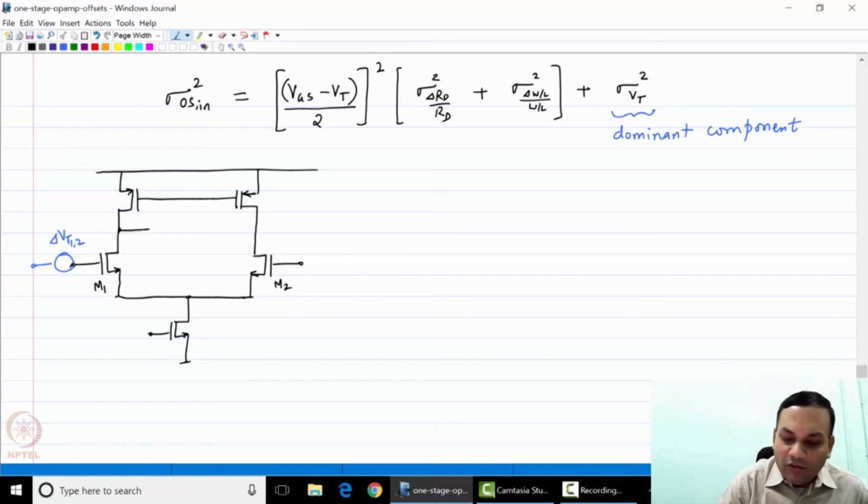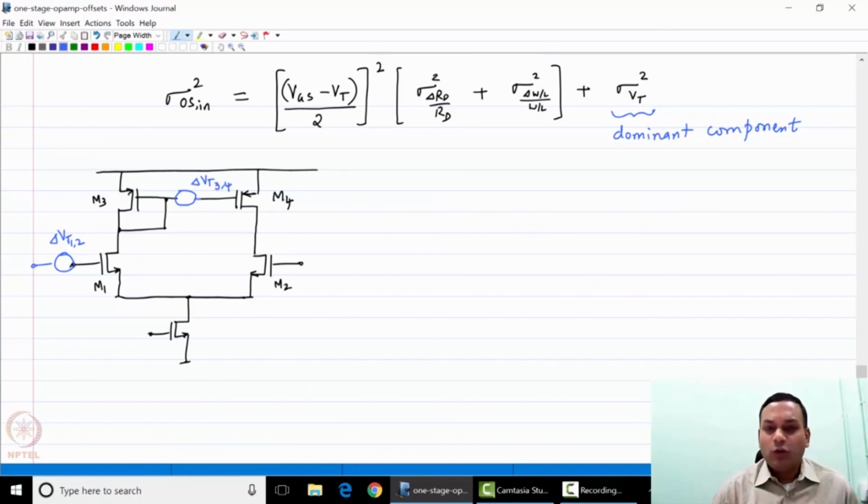What about the offset of M3 and M4? It turns out that this offset can also be represented as a series voltage source delta VT 3, 4, and if you look at the input referred component of this, if you look at the output offset voltage and divide it back by the gain, you can clearly see that the input referred offset VOS in would have two components.